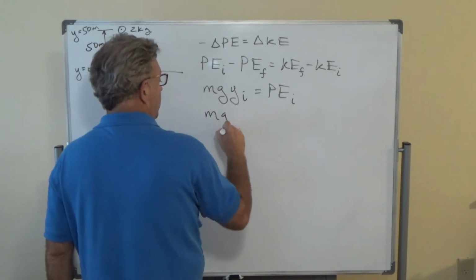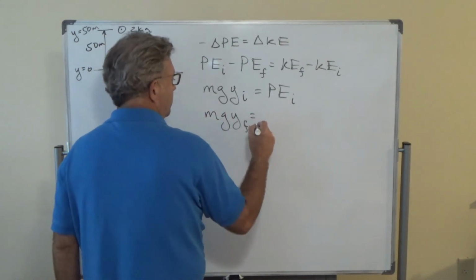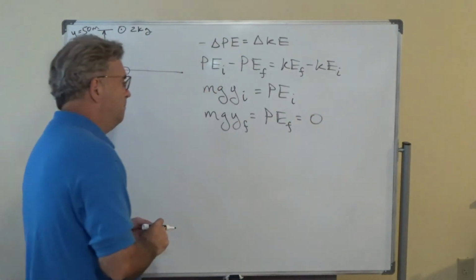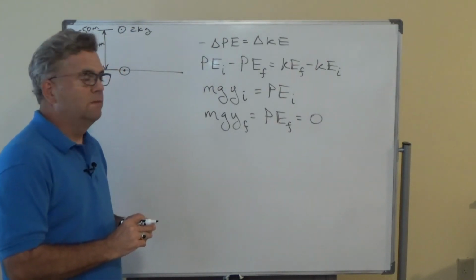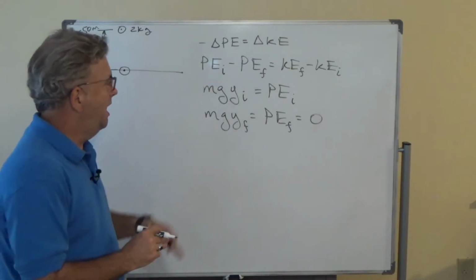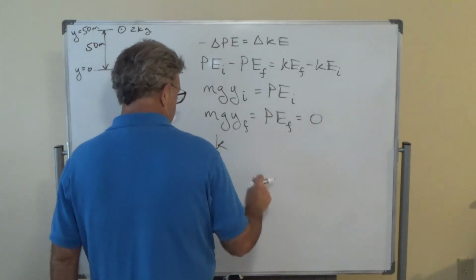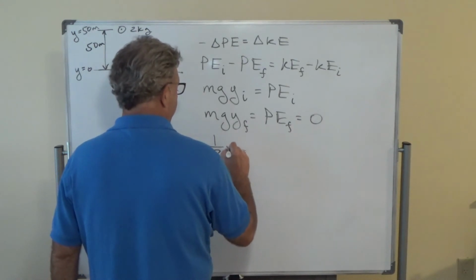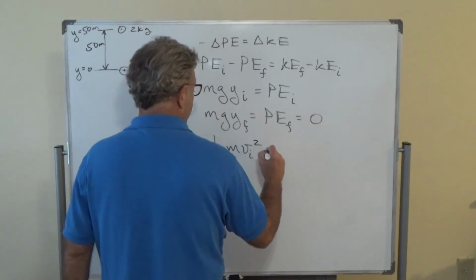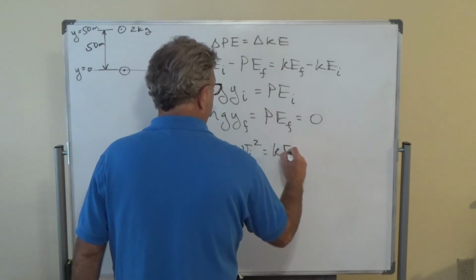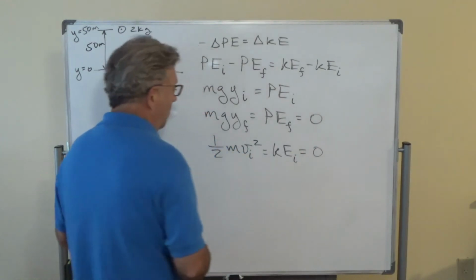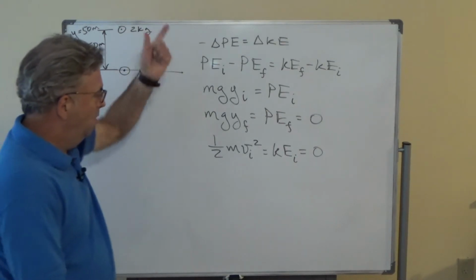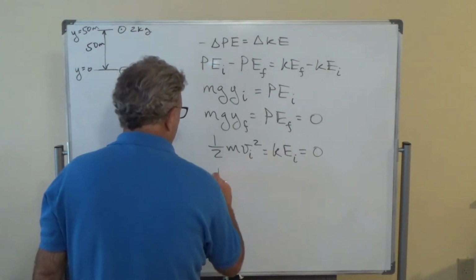So mg y final is equal to PE final, which equals 0. Yeah? What's KE initial? KE initial is equal to 1/2 m v initial squared. That's equal to 0. I'm starting from rest. Okay? What's KE final? Well, that's what I'm looking for.